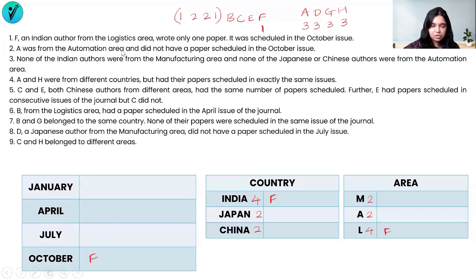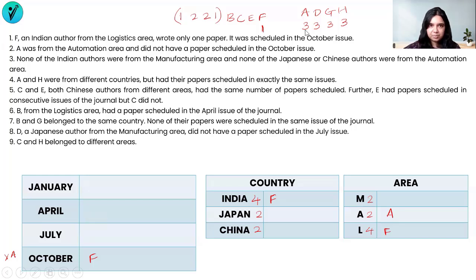A was from the automation area and did not have a paper scheduled in October. I'm just crossing out A in October. So visually, I know that A cannot be in this particular line. Now, the moment I say that A is not in October, I can check how many papers A publishes.